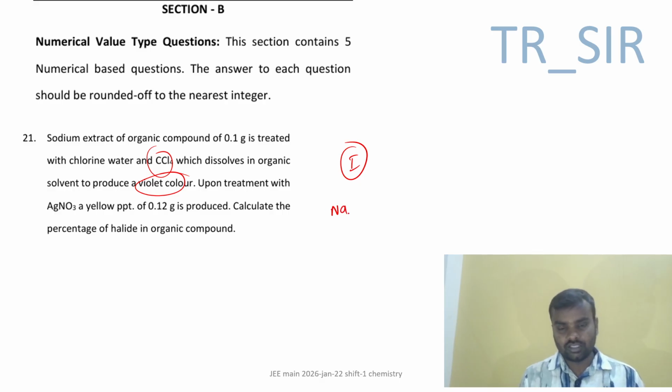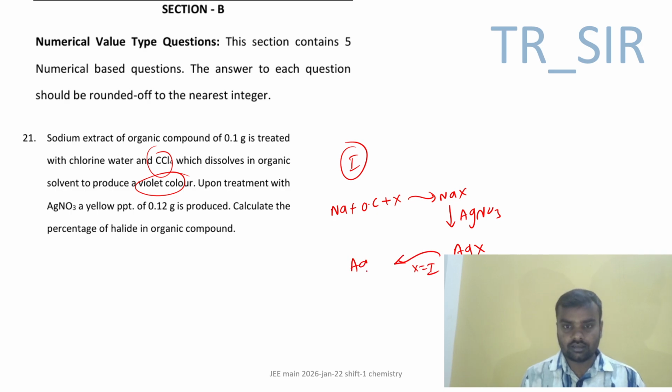So if I take sodium extract of the organic compound, assume that halogen is present. So what will form here? NaX will form. Now when you treat NaX with AgNO3, AgX is formed. Now if X is iodine, you will get the precipitate.